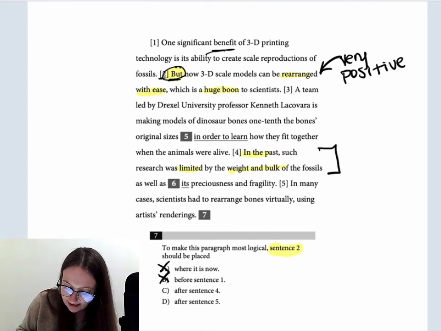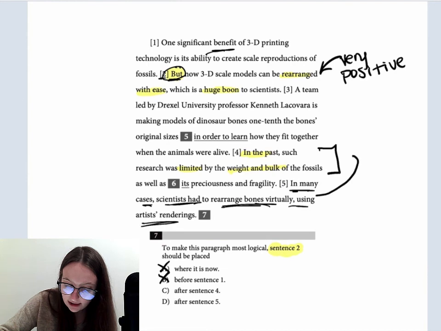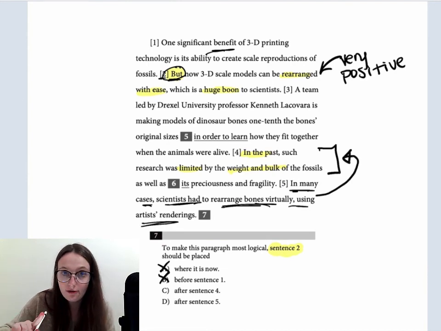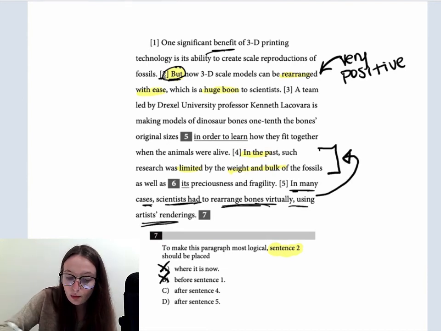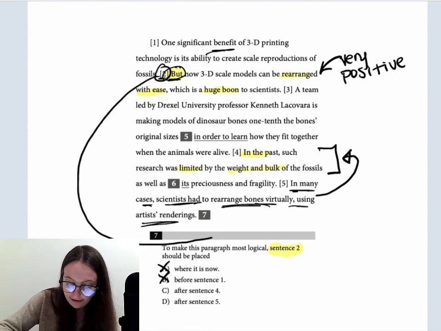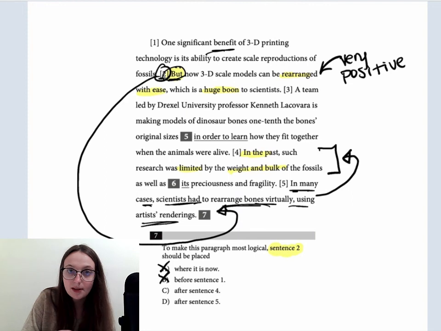And then it says in sentence 5, in many cases, scientists had to rearrange bones virtually using artist renderings. So notice that 5 continues to expand on 4, so we definitely don't want to cut it up there. So we want to put 2 right after sentence 5 because that's telling us all of the problems that they've experienced in the past, but now things are much, much better. So we want to go then with choice D.